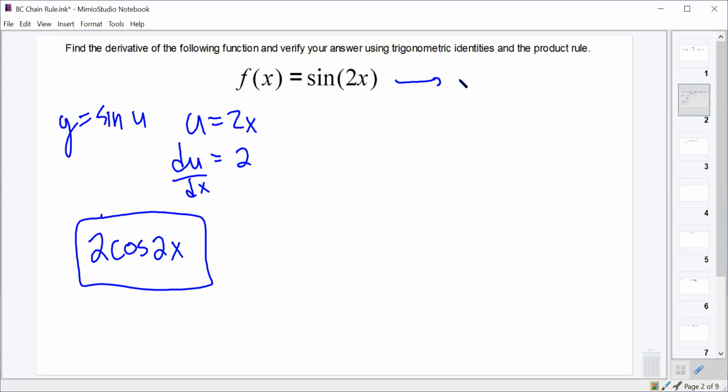But we could write this out as 2 sine x cosine x and use the product rule.